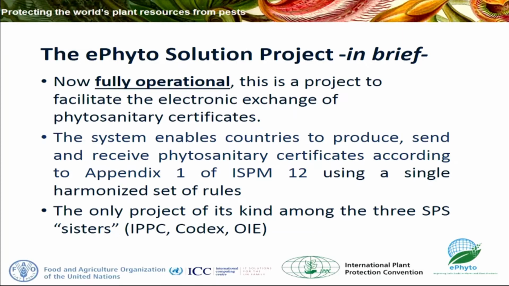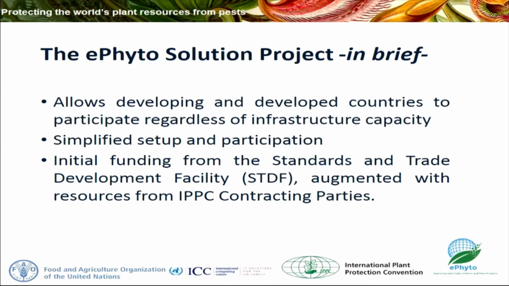And the key thing for this is that it allows developed and developing countries both to participate. As you saw, the generic national system has specifically been set up so developing countries can access the ePhyto hub and exchange ePhytos. Now, it costs them nothing to be on the GEN system.